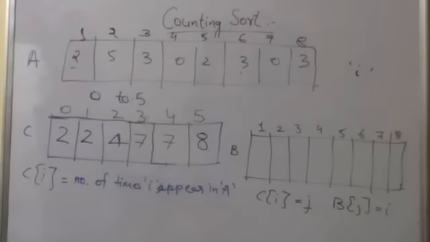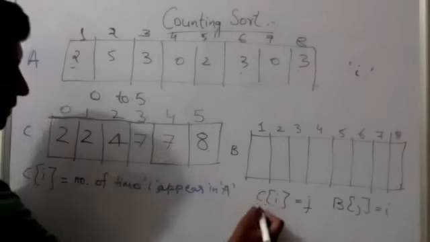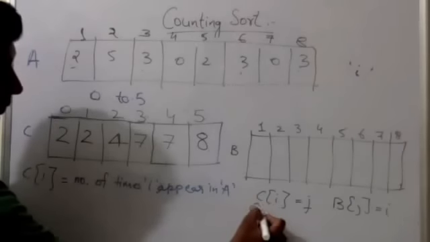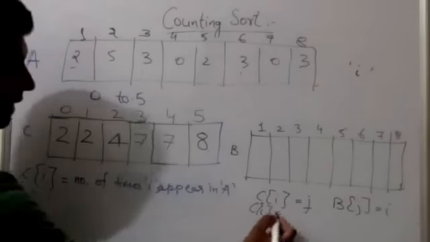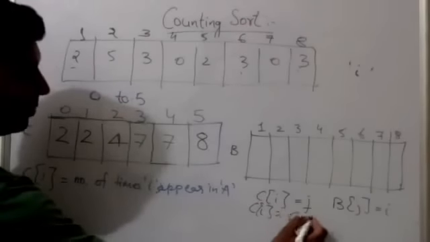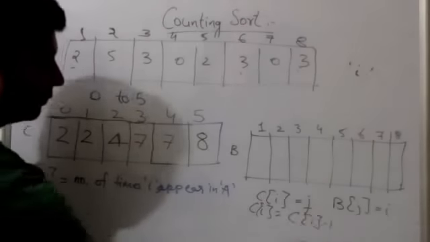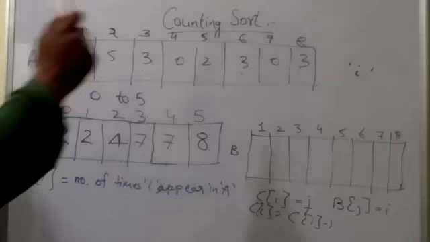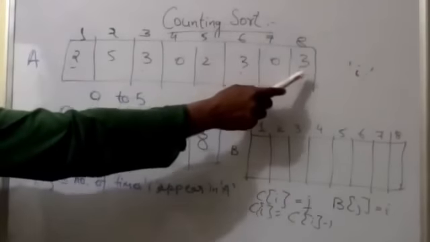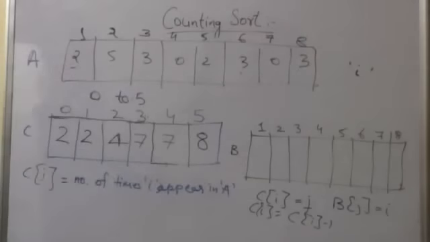Right? And after this, we will decrease the value stored at index I in array C by 1. Right? We will move from the last element of array A to the first element of array A. And for each element I encountered, what will we do?